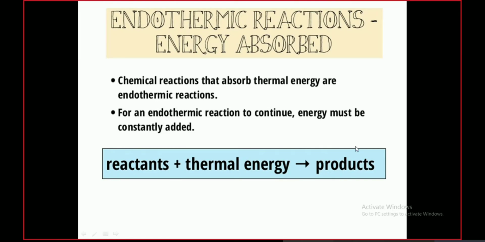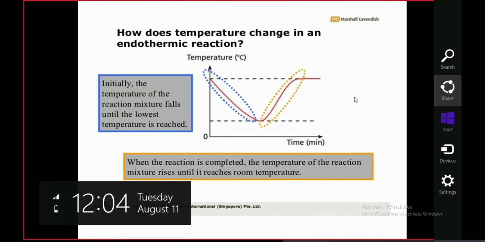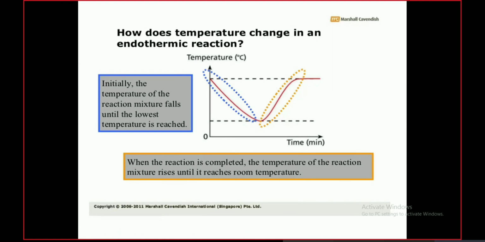So drawing it in a graph form, how does temperature change in an endothermic reaction? As I have already discussed, from the room temperature, as the reaction proceeds, it drops down and goes to the minimum. When the reaction is completed, the temperature again starts rising and comes to the room temperature.